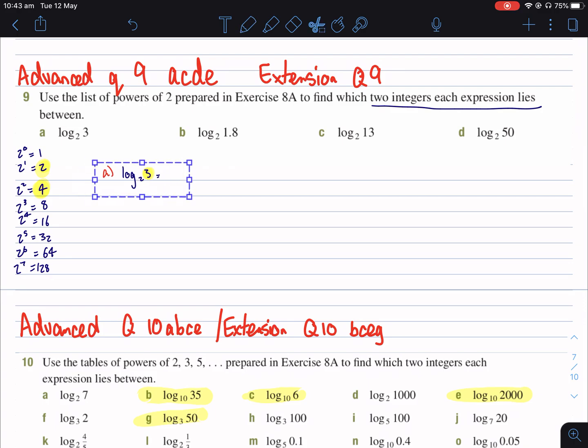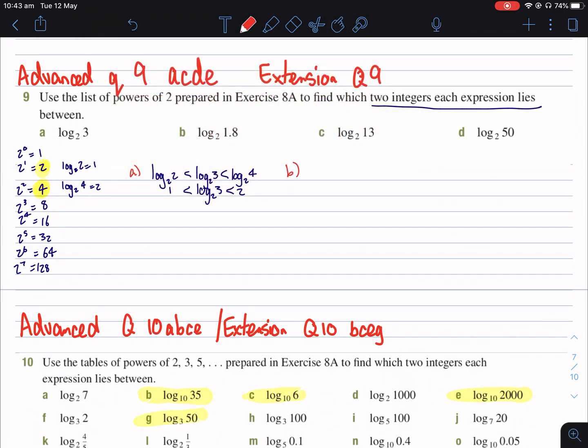What I mean by that is, another way of writing this is log base 2 of 2 equals 1, log base 2 of 4 equals 2. Log base 2 of 3 is going to be between 1 and 2. So this is 1, and this is 2.